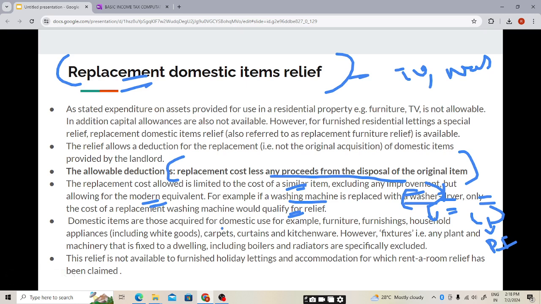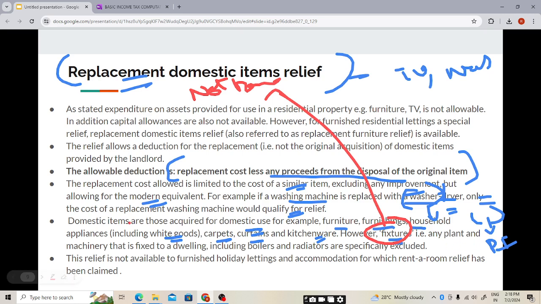Domestic items are those acquired for domestic use: furniture, furnishings, or household appliances including white goods. White goods means refrigerators and washing machines. Also carpets, curtains and kitchenware. However, fixtures are not included. Do not confuse, these fixtures will not have the domestic relief.